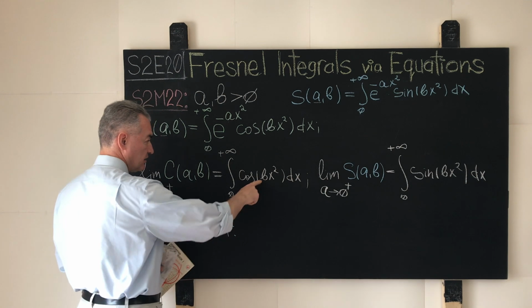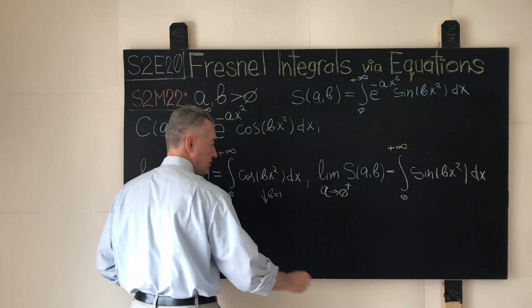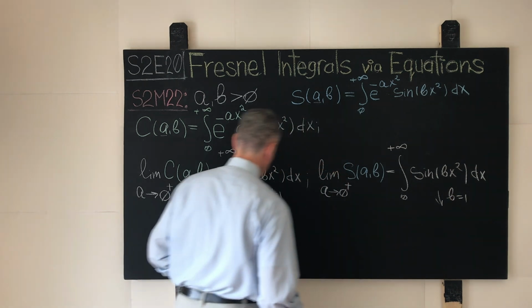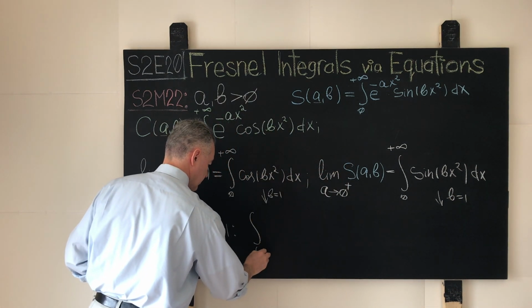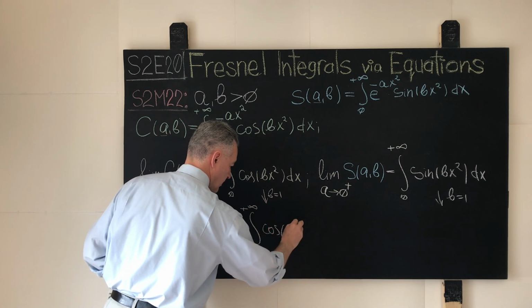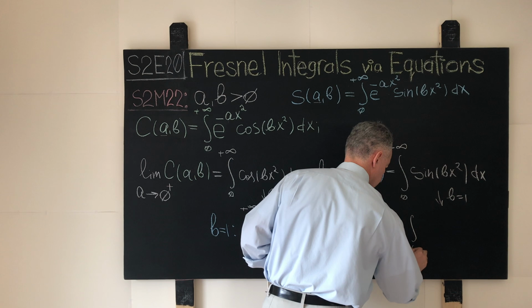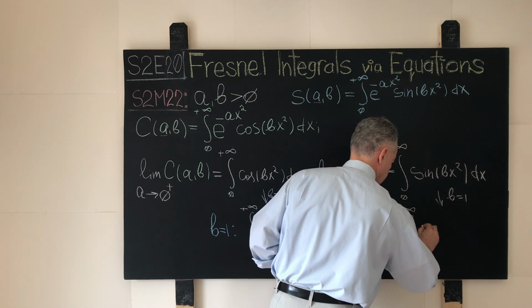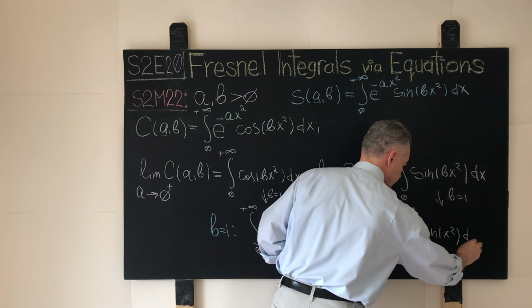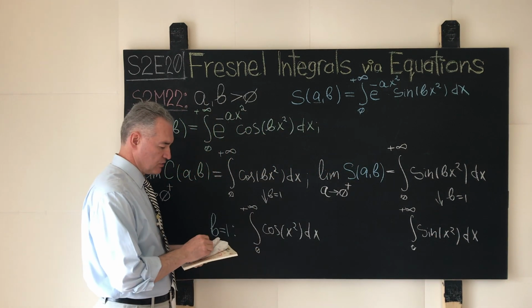Under the b equals 1 setting, we will have precisely the integral from 0 to positive infinity of cosine x squared dx, and here we will have the integral from 0 to positive infinity of sine of x squared dx. These are precisely our Fresnel integrals whose values we're trying to compute.